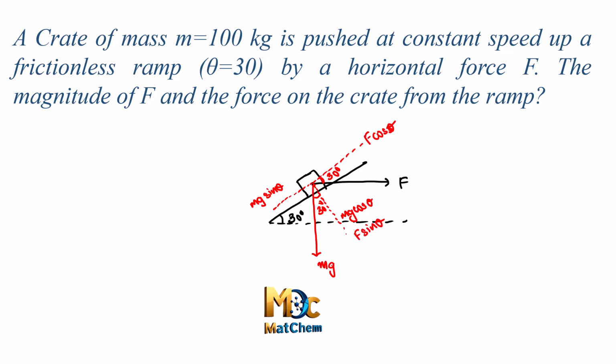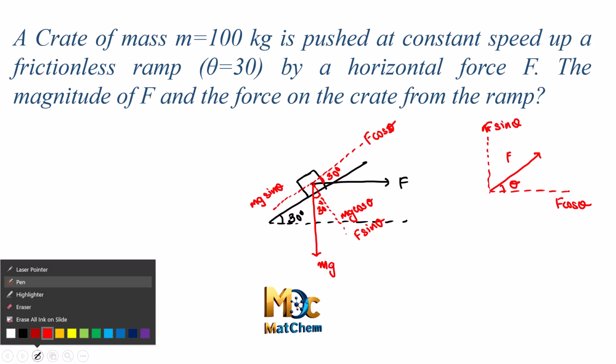I will draw it over here. We have a force F making an angle theta, so the horizontal component is F cos theta and the vertical component is F sin theta.